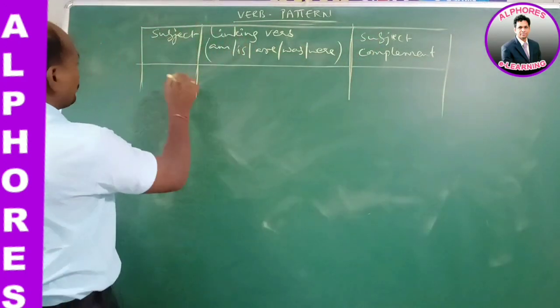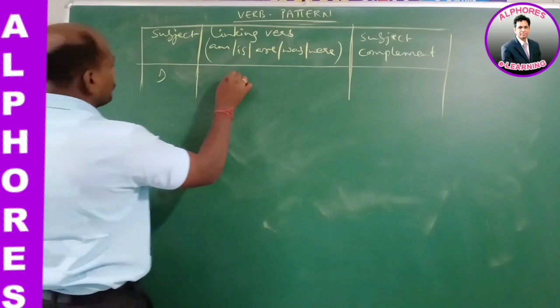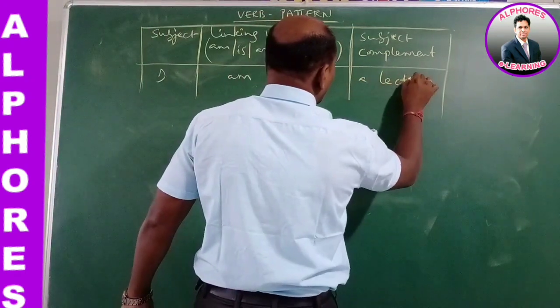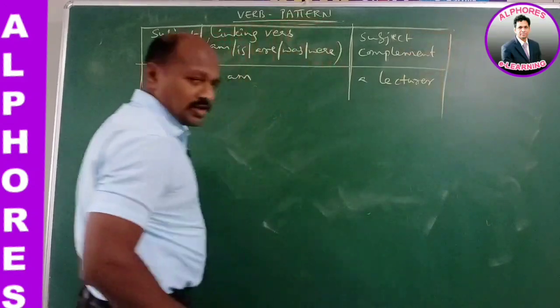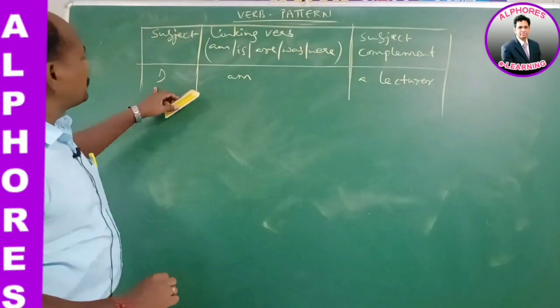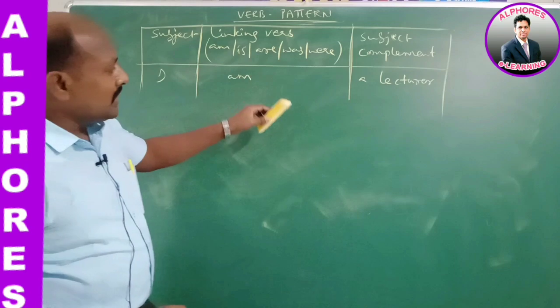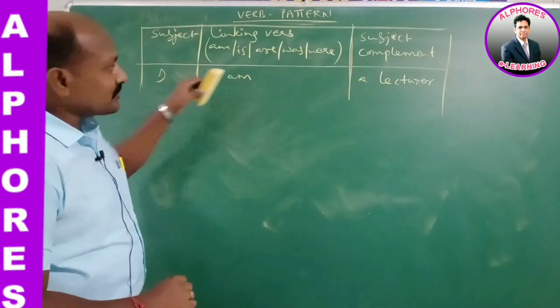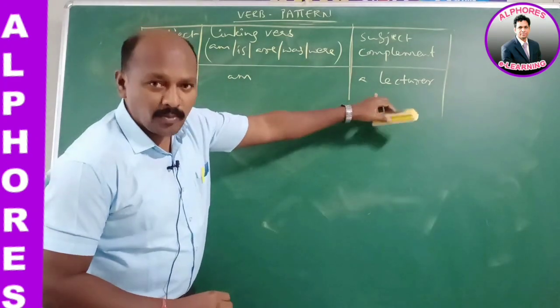See here, I am a lecturer. Here, I is the subject, am is a linking verb, a B form, and a lecturer indicates the status of the subject. That's why it can be called a subject complement.